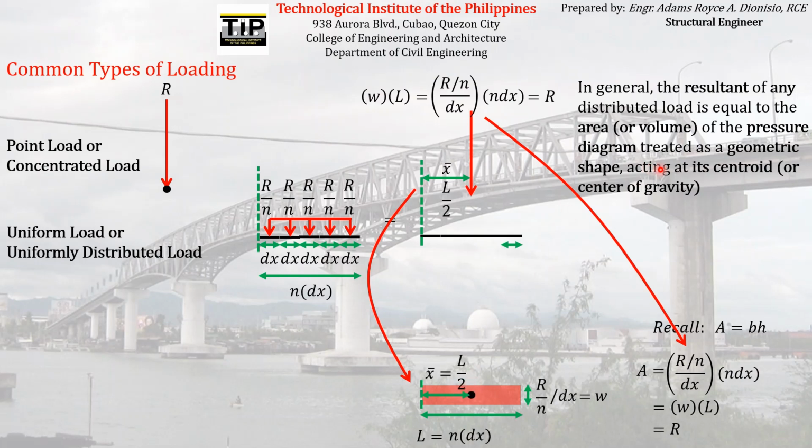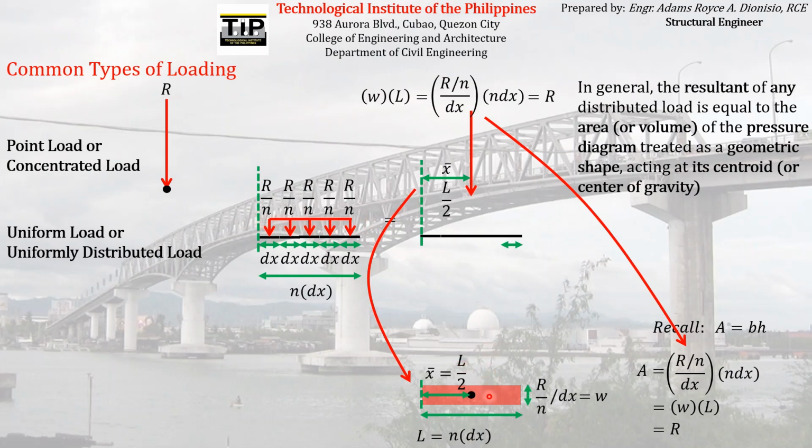So, yun yung concept na or yung technique na makukuha natin dito sa discussion natin na to. Ibig sabihin lang nun, if you want to find the resultant of this distributed loading, hindi natin kailangang pagdaan yung pinaggagawa natin kanina napakahaba na may mga arithmetic progression pa. Ang kailangan na lang natin, itong pressure diagram, i-treat natin as geometric shape.